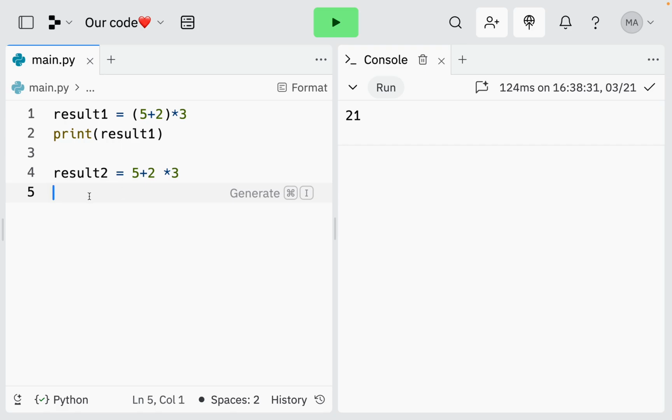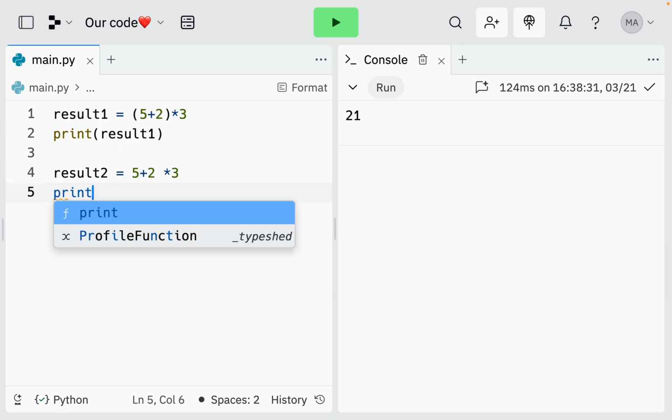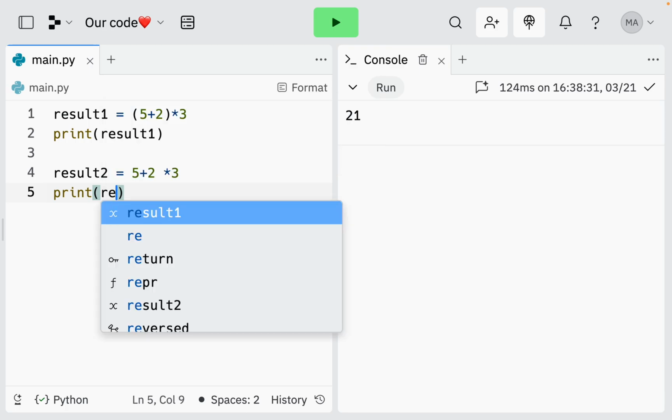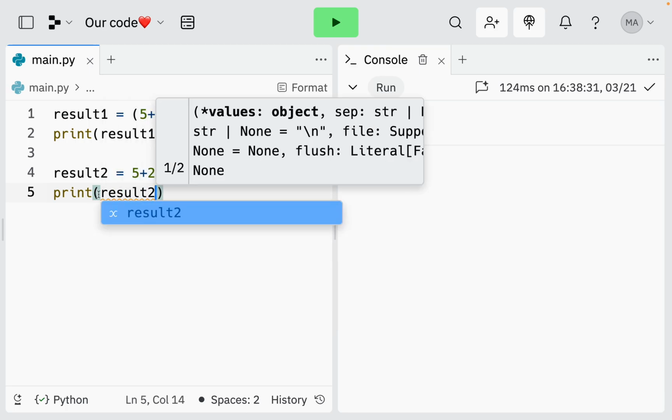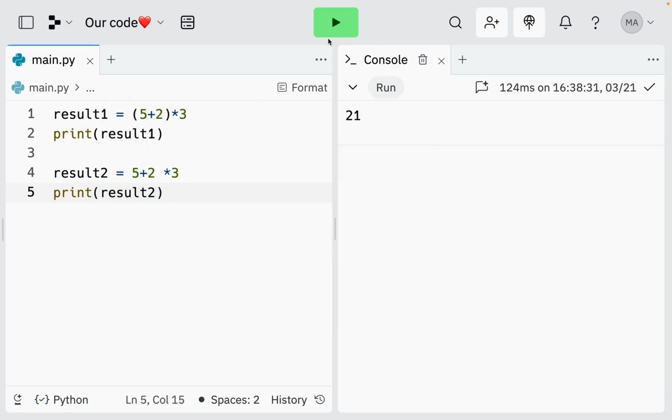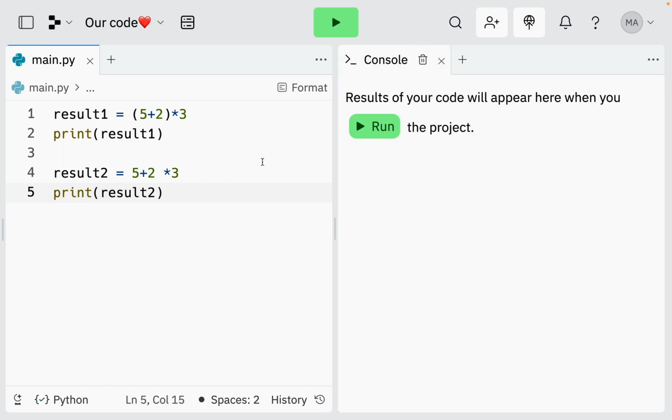Now print result 2. Let's run it, and we got 11. We got 11 because if this is not in the parentheses, then the plus is the second-to-last thing you do. So the first thing we do is times, and then we do plus.